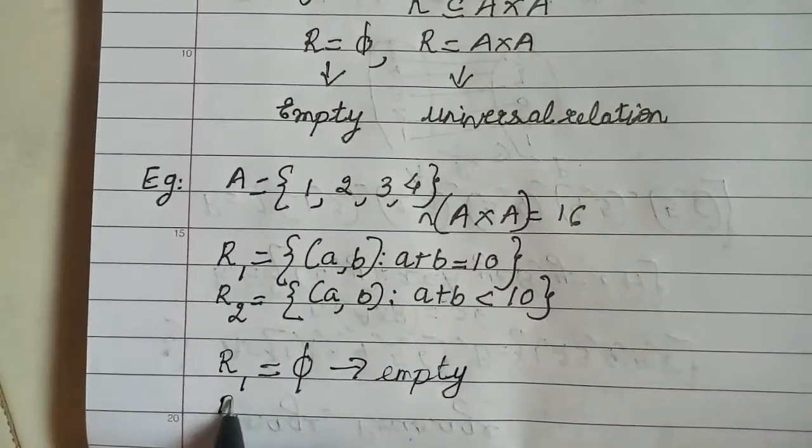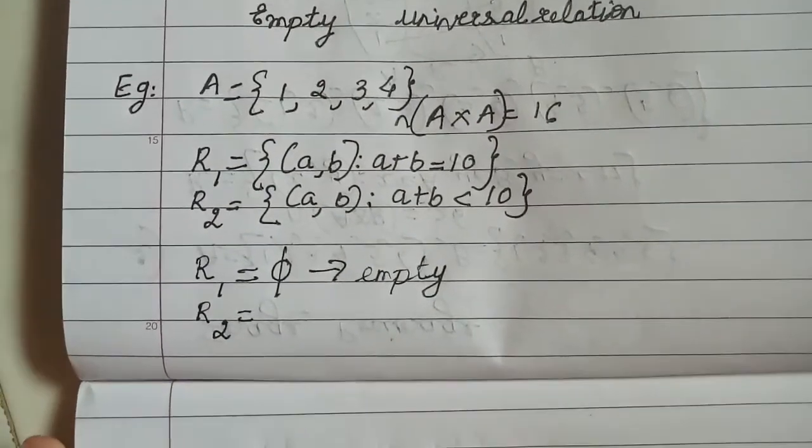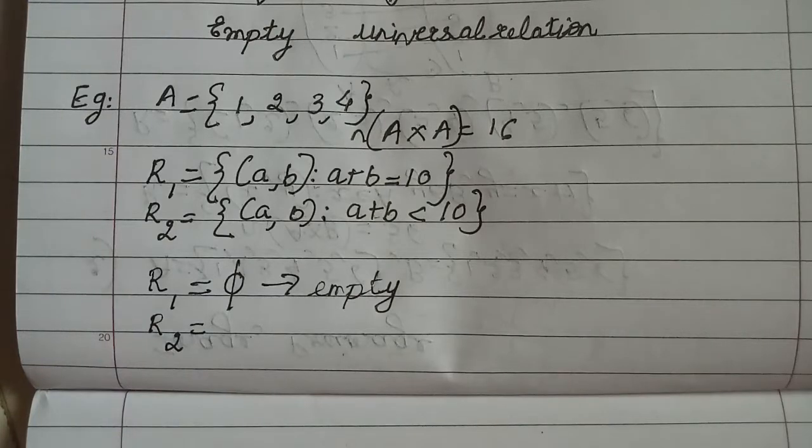Now if you look at R2, let us define R2. What is the relation R2 saying? Relation R2 is saying that you take any two elements, same elements or different elements, from your set A, you consider the ordered pairs, and if you add them, the sum is going to be less than 10.